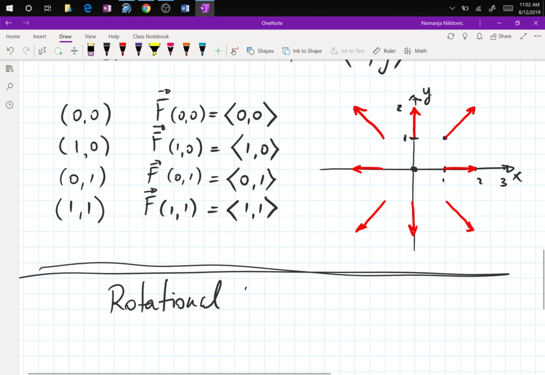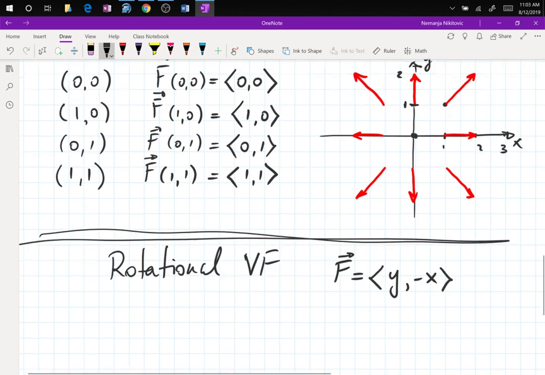Rotational vector field, so rotational VF, given by the formula y, negative x, or negative y, x, or whatever.